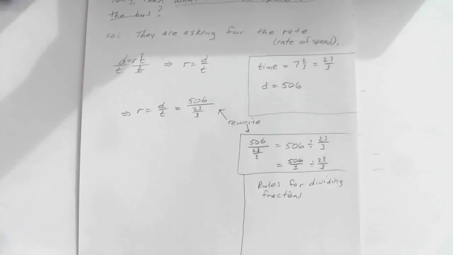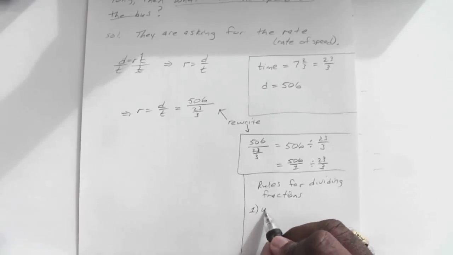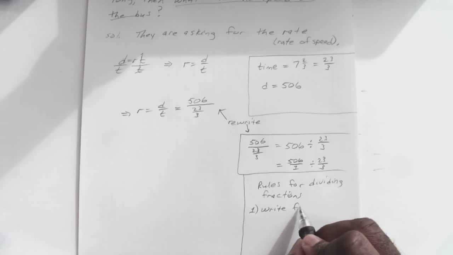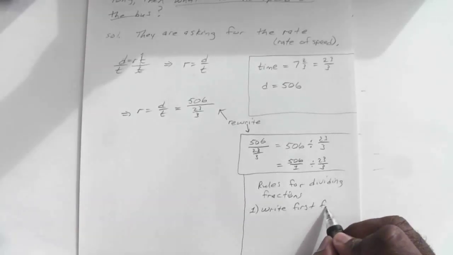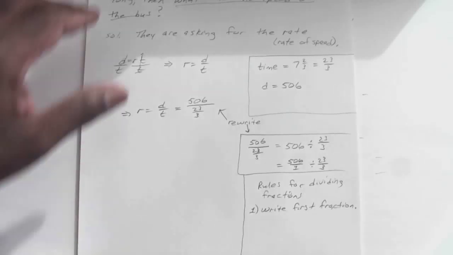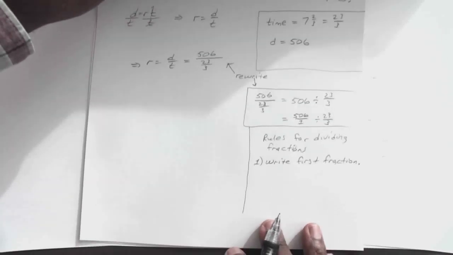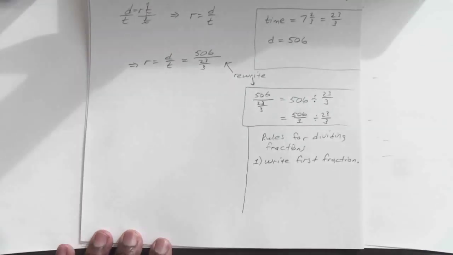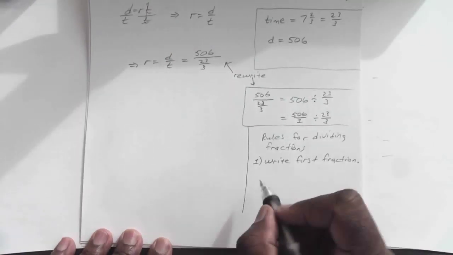Okay. The first step, you're going to write down your first fraction. Let me bring this up just a little bit. Okay. Now your second step is you're going to change your division to multiplication.